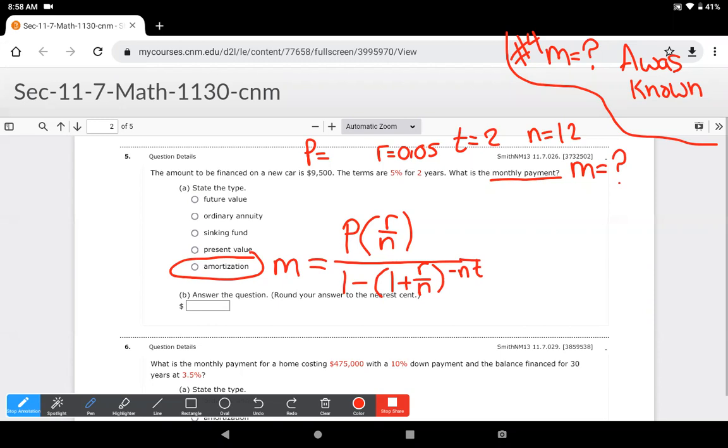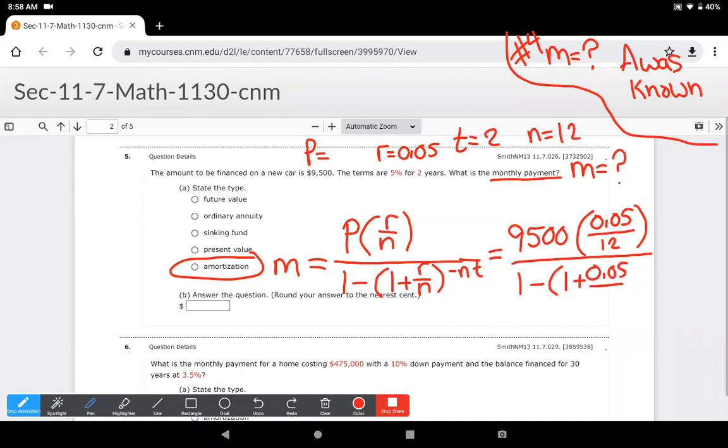That sort of thing. So filling out our equation, then we have 9,500 times R over N, divide by 1 minus 1 plus R over N to the negative NT. NT, we didn't calculate it, would be 24.